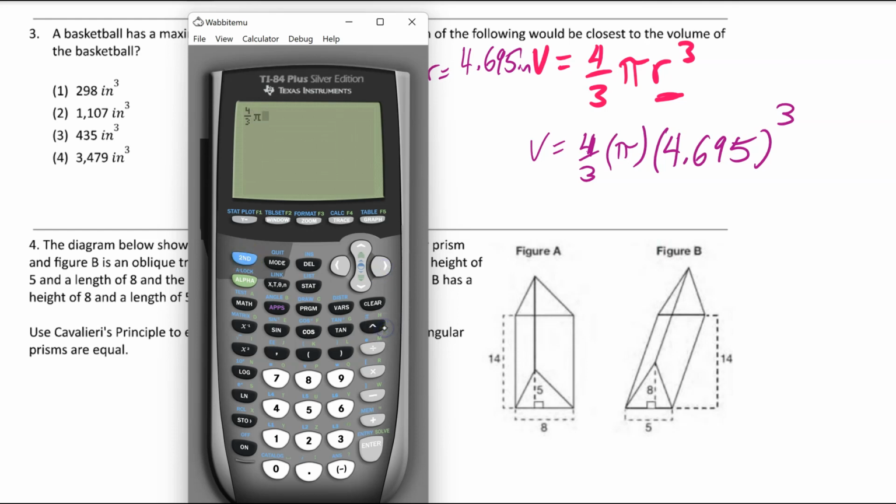Second, to get the pi button, that caret on the right-hand side below clear. And then I'll do a set of open parentheses, 4.695, close parenthesis. And to get the cubed button, if we hit the caret right below the clear button, I could put in whatever exponent I want, so I'll type in 3. And then when I hit enter, it's about 433.5, and the closest one to that would be 435.